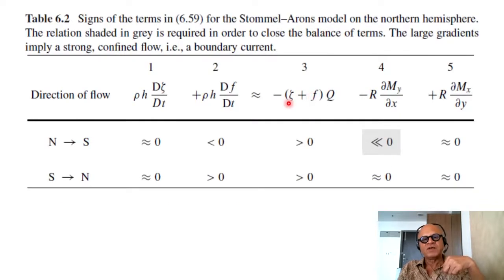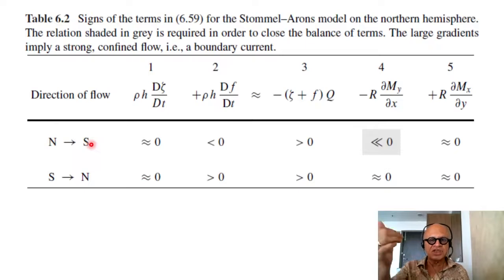So you have minus zeta plus f q term, where q is the deep water formation at high latitude, and then they wanted to see what happens to the deep flow when deep water forms. So they used the same arguments to show that df dt term is again less than 0 and greater than 0 for the interior flow and the boundary flow.